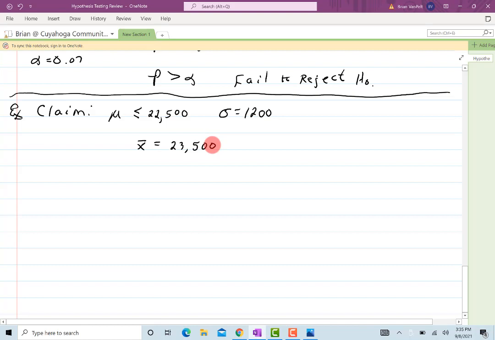And the size of the sample was 45. Now we want to test the claim at alpha equals 0.01.